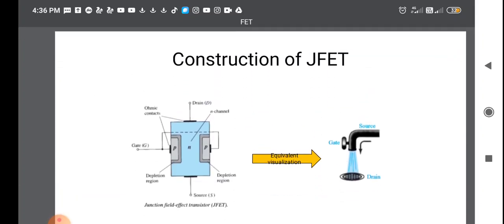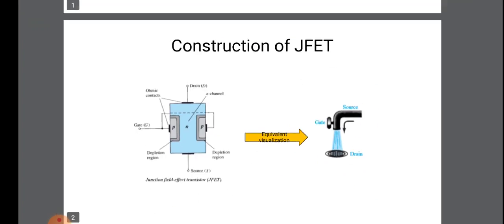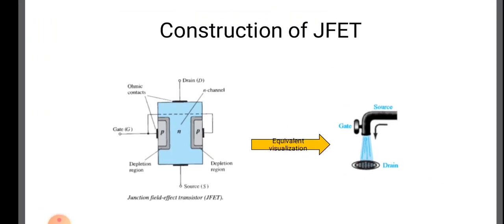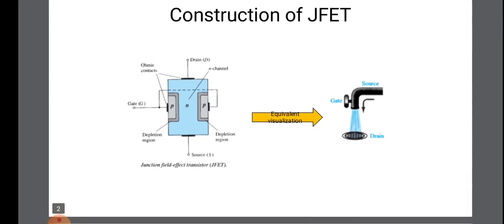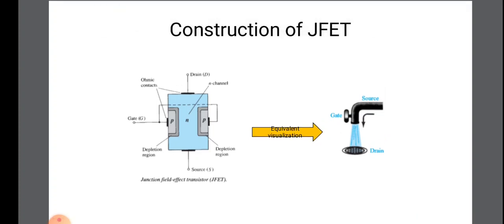Now, construction of JFET. As you can see, here we have one N channel, which is a semiconductor material doped with pentavalent atoms, and because of which the N channel is created.